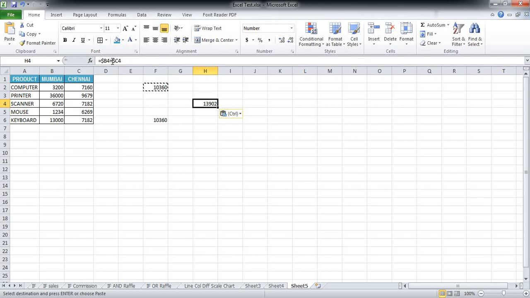But since B and C had a dollar preceding them, they literally remained anchored. And you can see in this case, I'm adding up the contents of cell B4 to cell C4. So that is in fact the sales of a scanner in Mumbai and Chennai combined together.